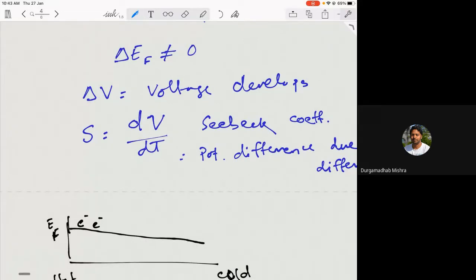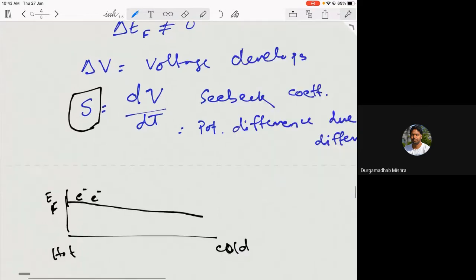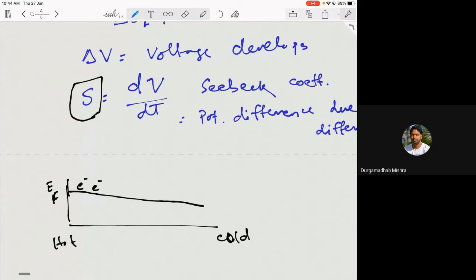This delta V is proportional to the difference in delta EF, and it is normally expressed in terms of the coefficient S, known as the Seebeck coefficient, which describes the derivative of the voltage with respect to temperature.